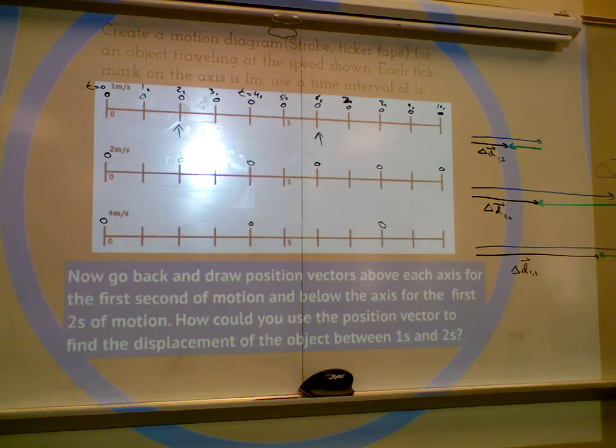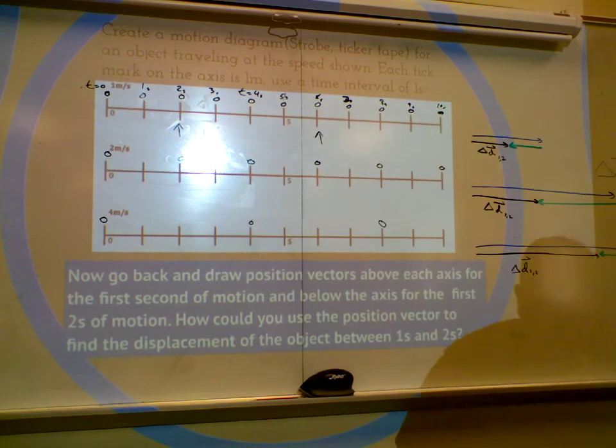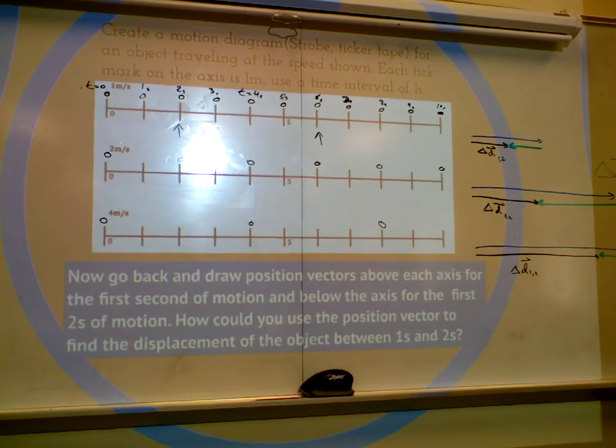Okay. Now, on your pink paper that I've given you, number 3 says determine the time interval between the first dot and the last dot on each of the motion diagrams. I want you guys to do that. And the last little question, still part of number 3, says, how could you use the time interval to determine the speed of each object?